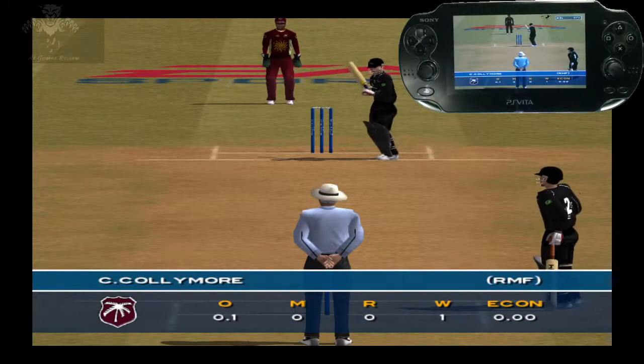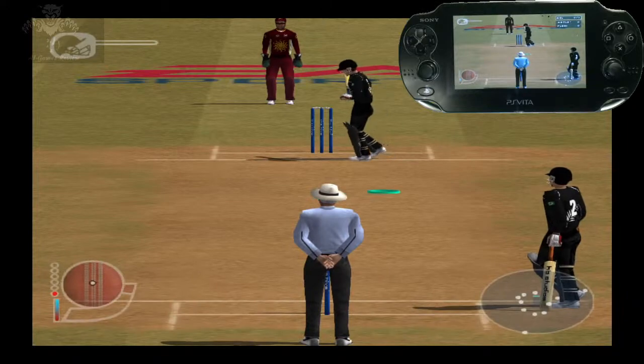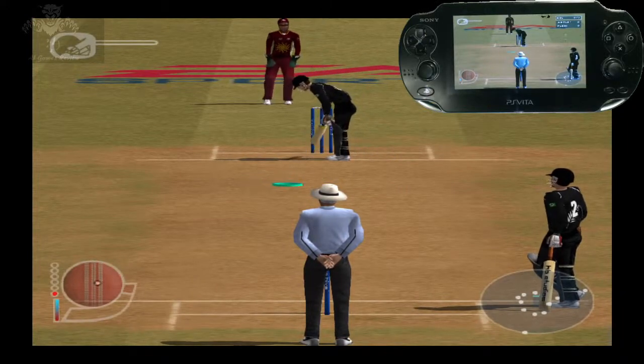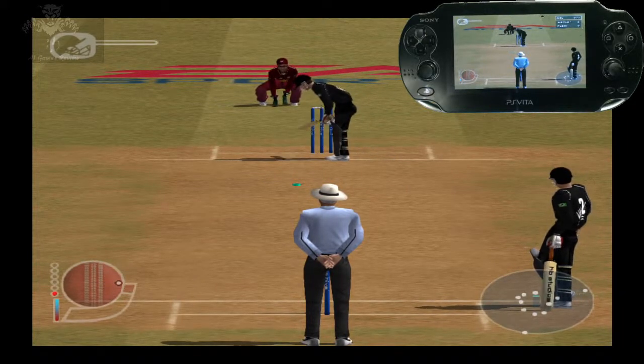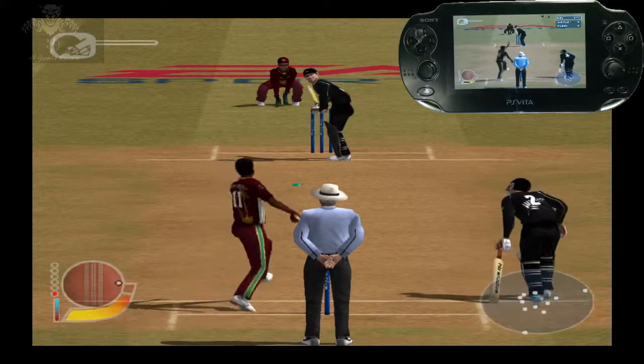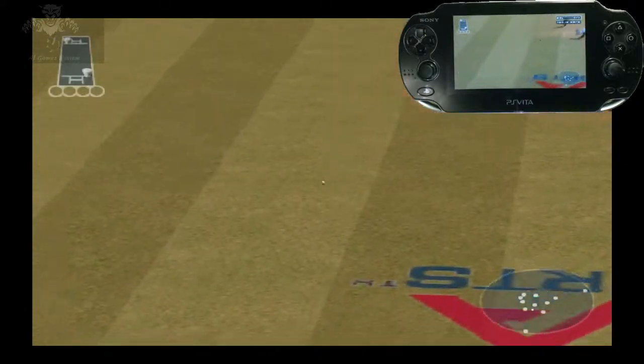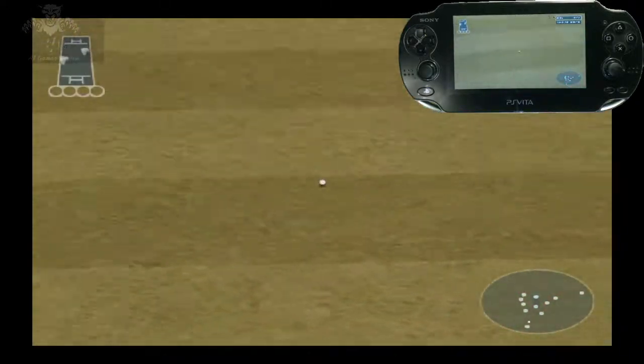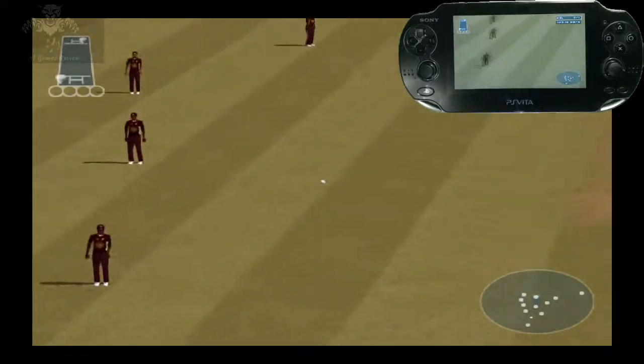Collymore to Astor. Dillon got it long off.